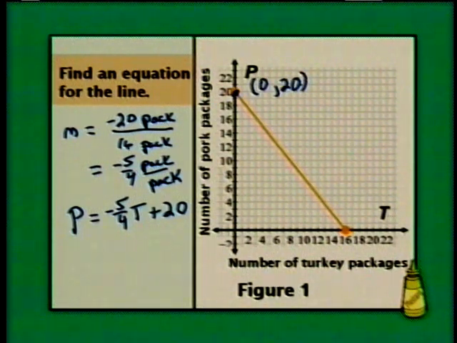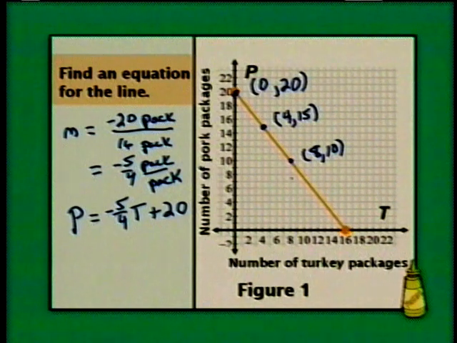To find the other points that are meaningful, what I'm going to do is execute my rise over run of -5/4. If I go down 5/4, I land at the point (4, 15). If I go down 5/4, I land at the point (8, 10).